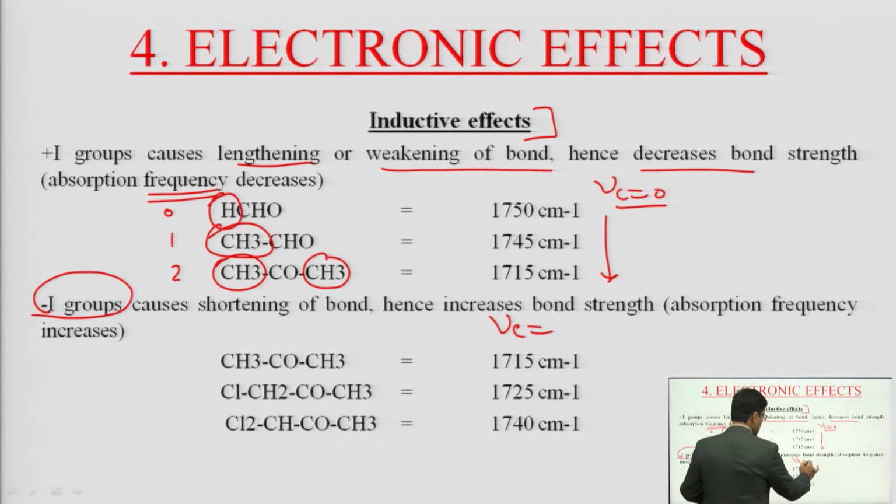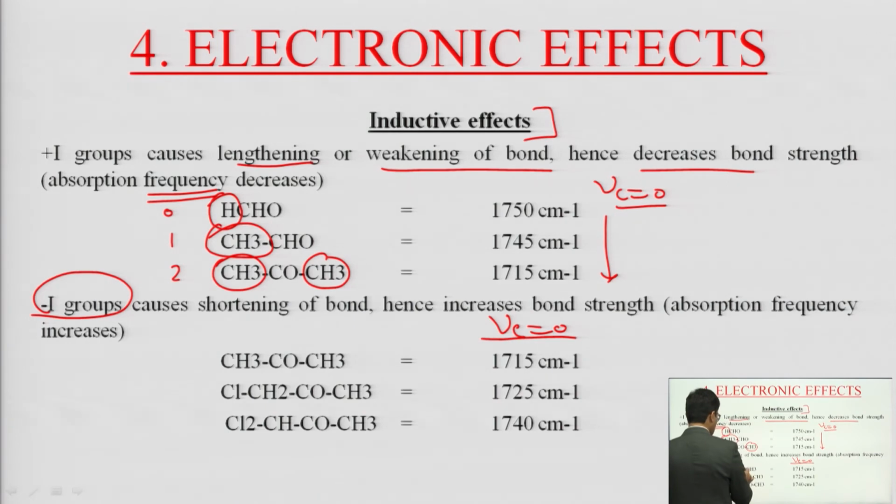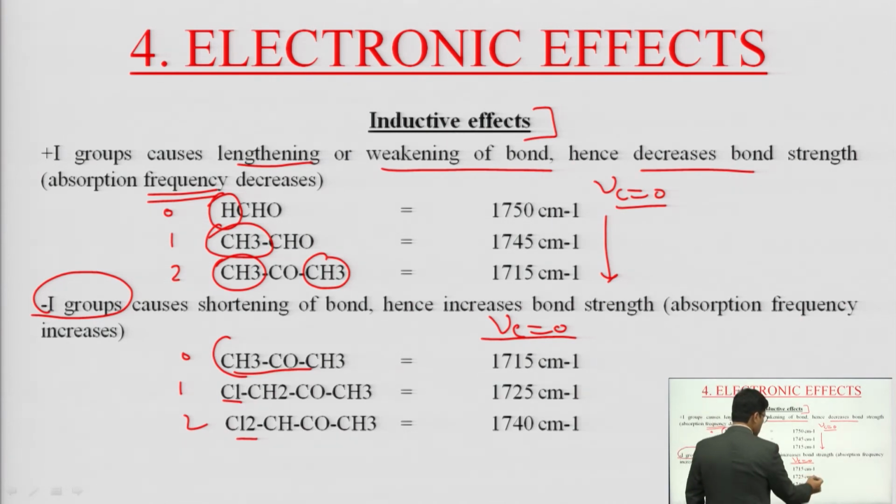The vibrational frequency of the same carbonyl group can also be understood in this manner. Now, in this case we do not have any negative I group. So, it has 0, it has 1 chlorine and it has 2 chlorines. So, as we are increasing the number of chlorines, which is a minus I type group, you can clearly see that the vibrational frequency is increasing from 1715 to 1740.